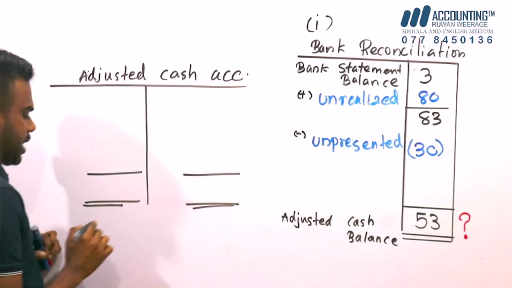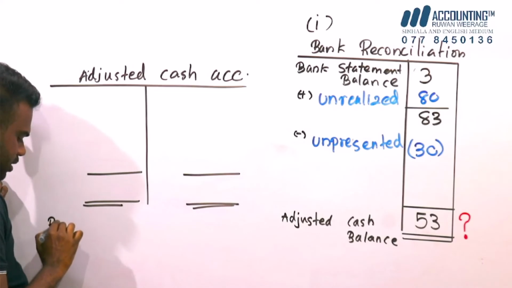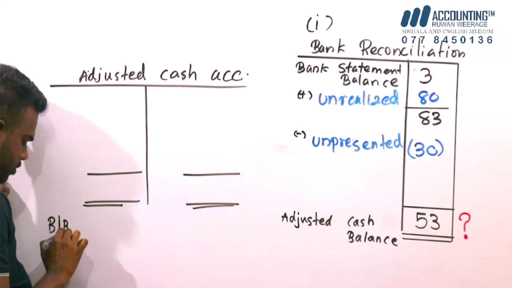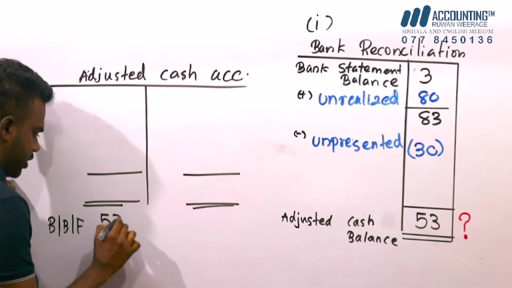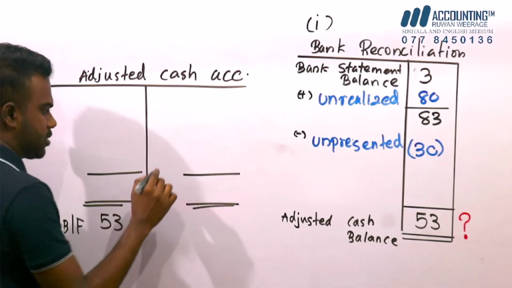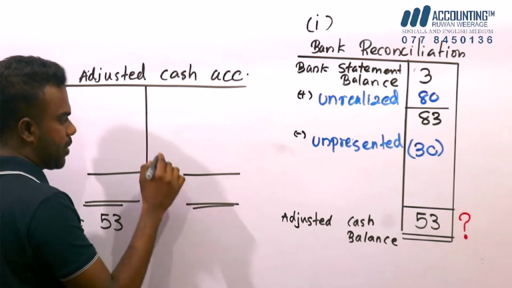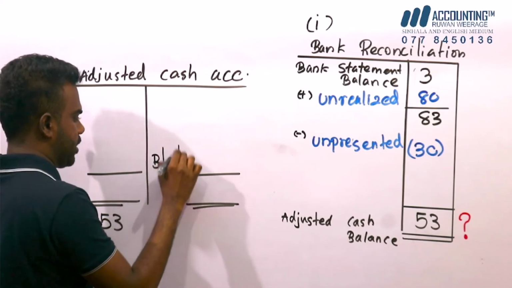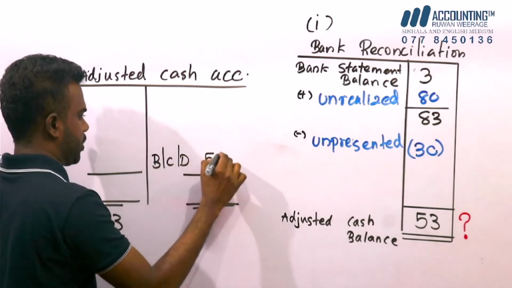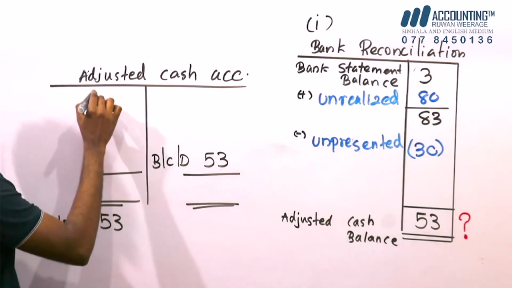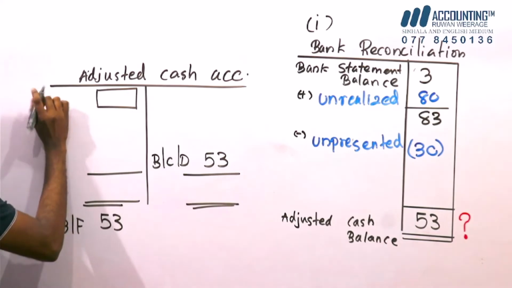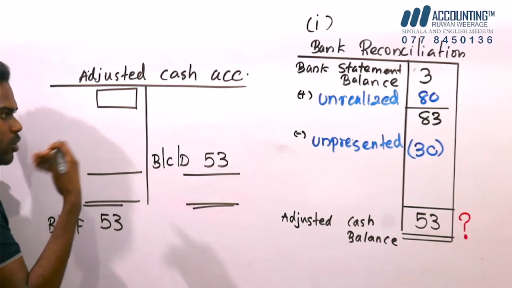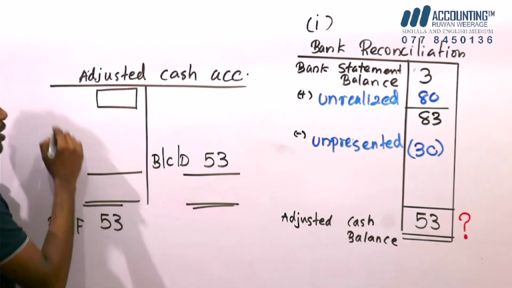The adjusted cash balance comes from the debit side, no? Debit side. How much? 53. This is the adjusted balance, right? Now let's go to the other side. Okay, the bank statement carried 53. So we have to find out how much was the opening balance. Not opening, actually the closing balance before the adjustment, right?